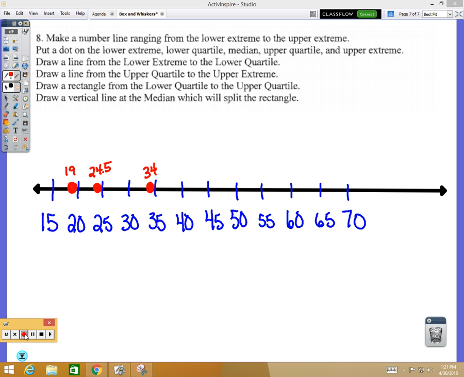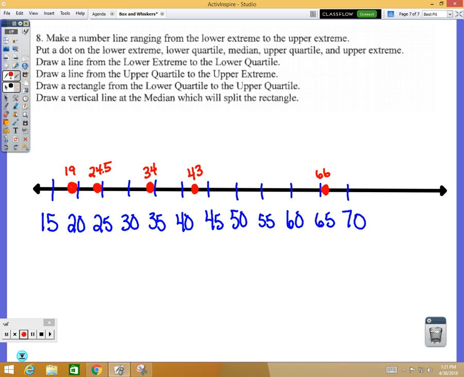All right, now we need the upper quartile. What is the upper quartile? 43, so that's between 40 and 45. And we need the upper extreme. The upper extreme is 66, just all the way down here. So we put our 5 points on there.